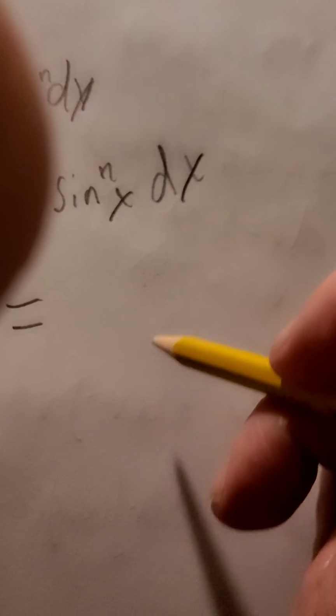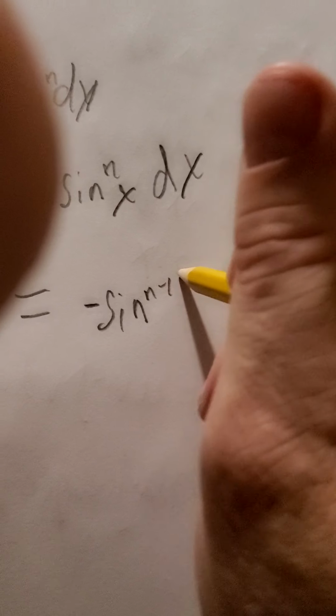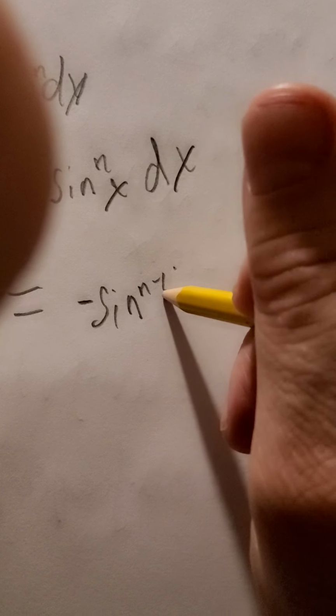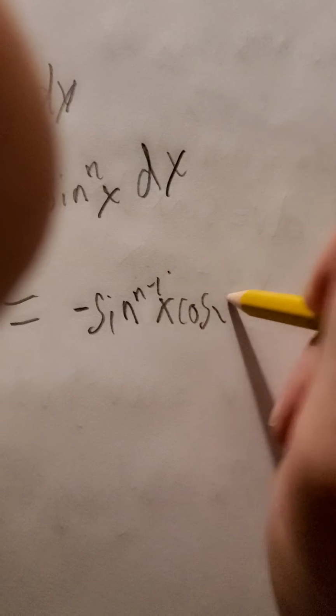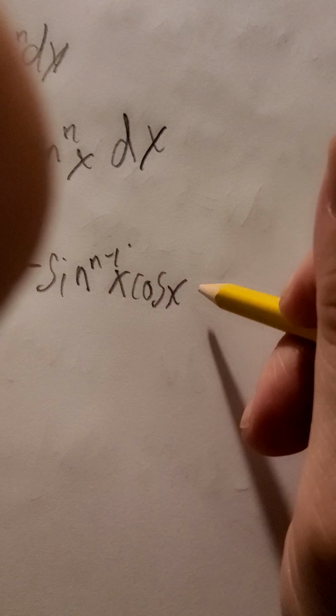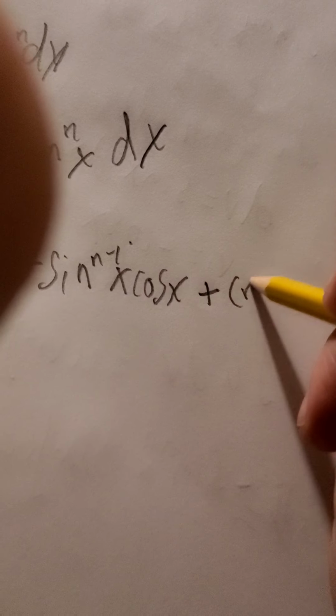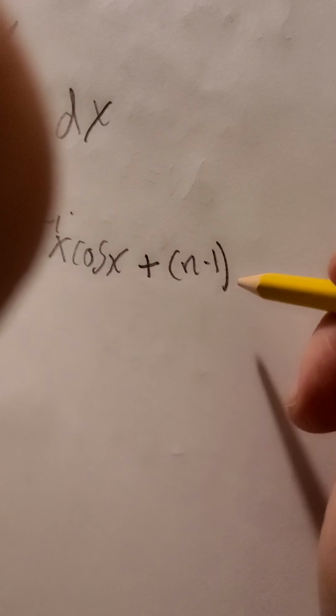When I simplified it, I got minus sine to the n minus 1 cosine x plus n minus 1 times, I still have the integral of sine n minus 2 of x dx.